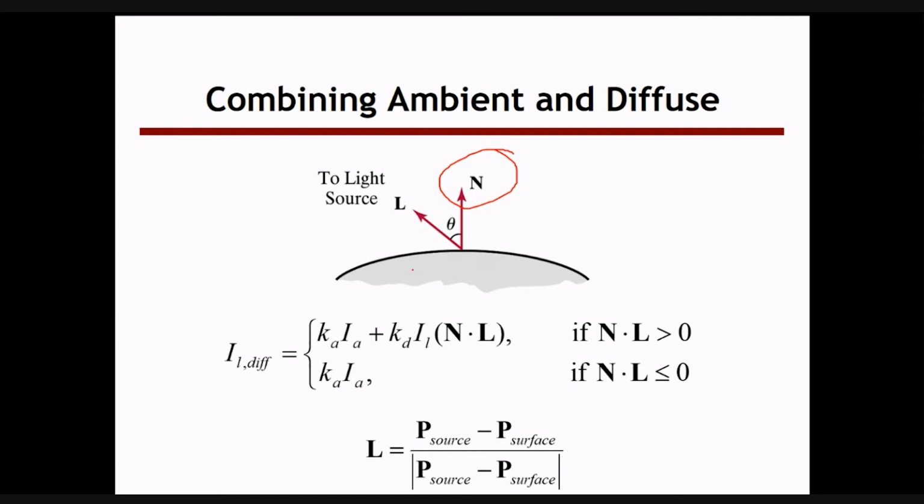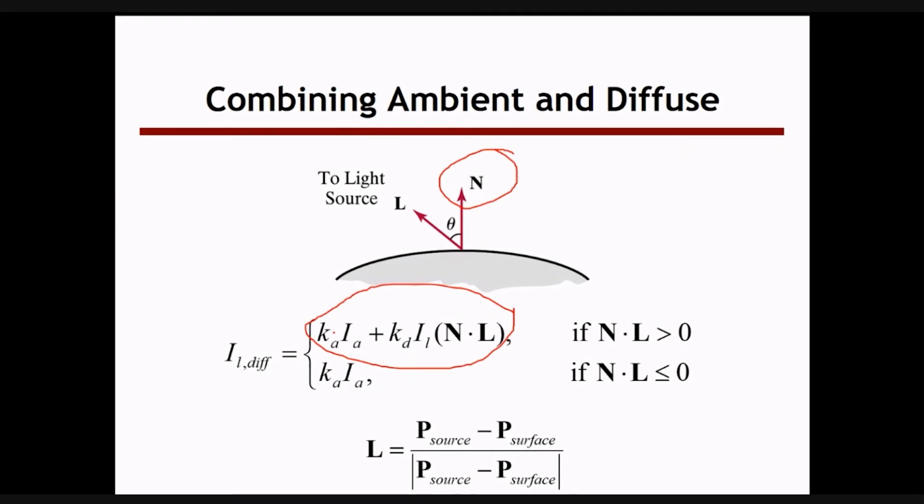If n into L is greater than 0, then you can put both of these things together, and you can put it in your program also. That is nothing but k_a, the ambient light, which you have just added to the diffuse reflection term.